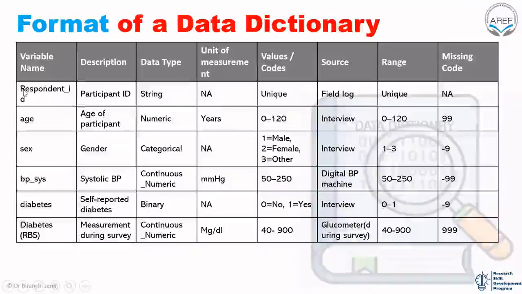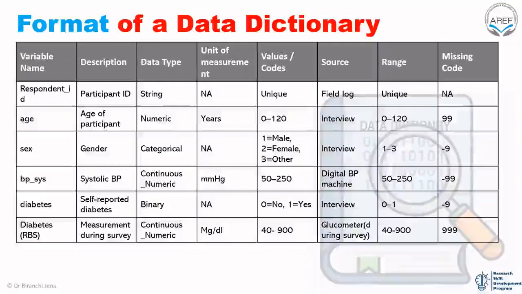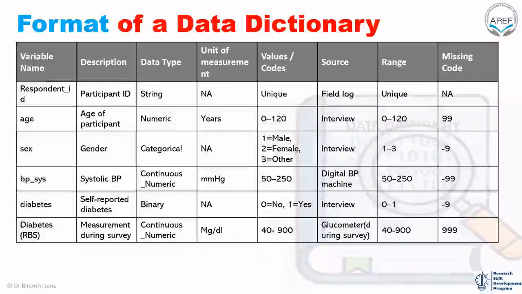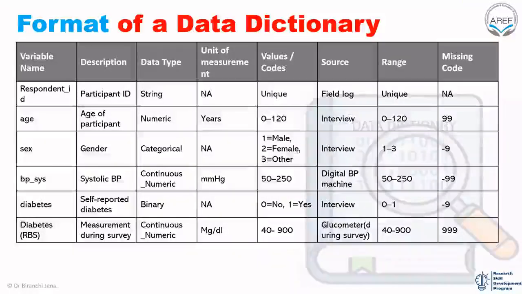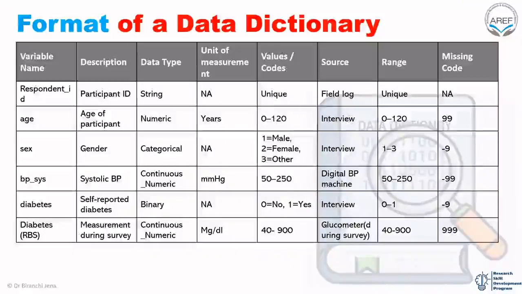Now, in this format, you can start with all the variables. Some studies find around 300, 400 variables in their research. If you have a questionnaire of 100 questions, at least I can guarantee you there will be more than 150 variables in your research study.